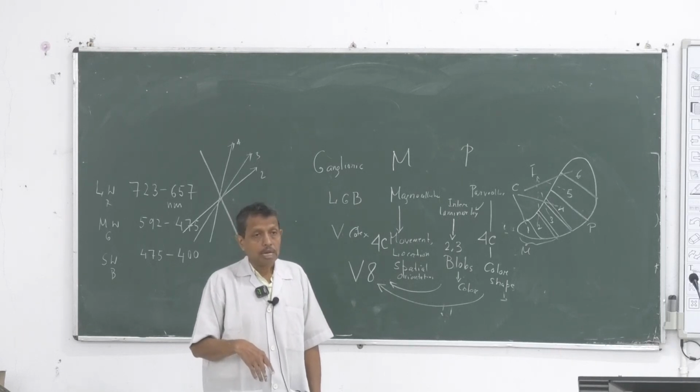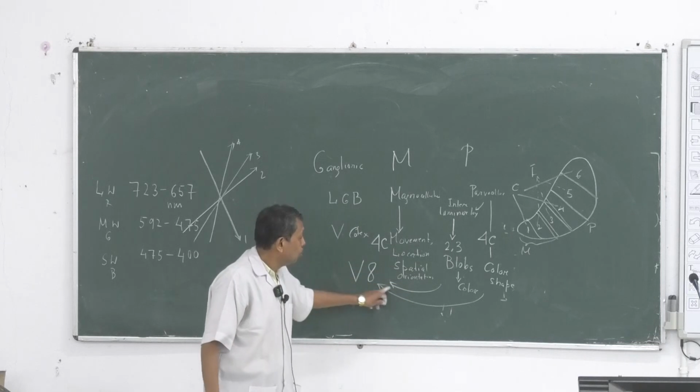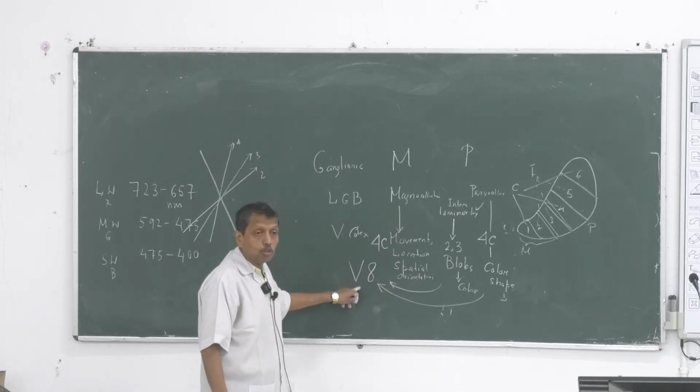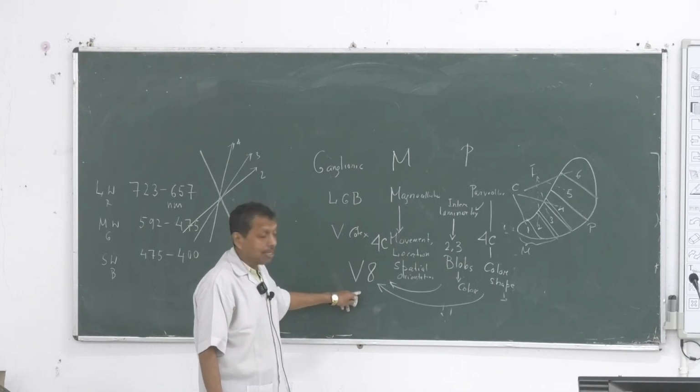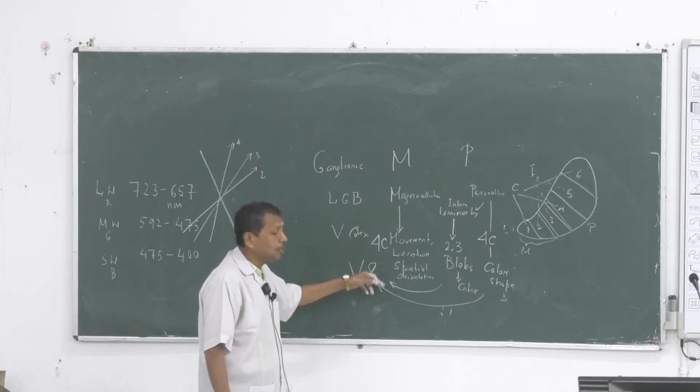Now, in case of color, two systems, they all project into V8 and also other areas. But how the color we perceive is not known.